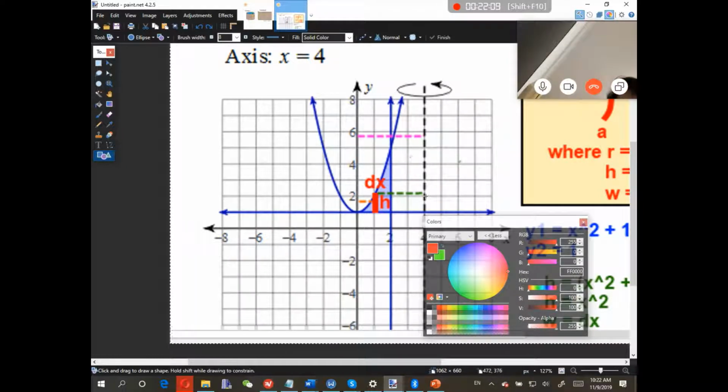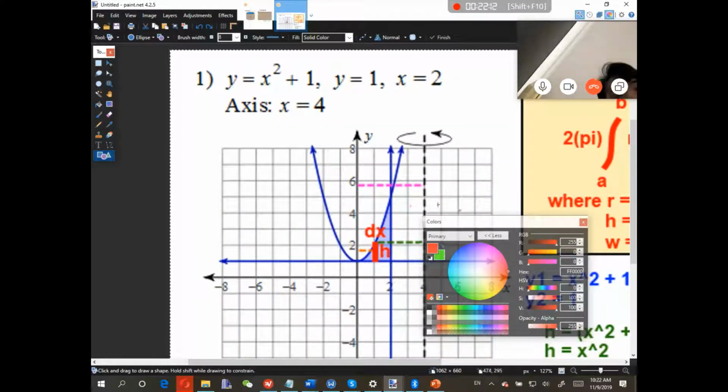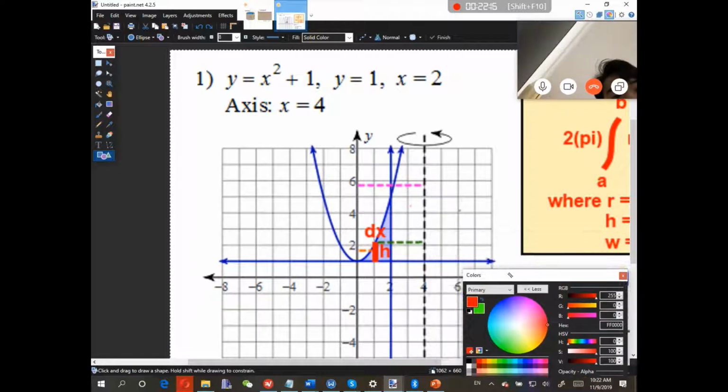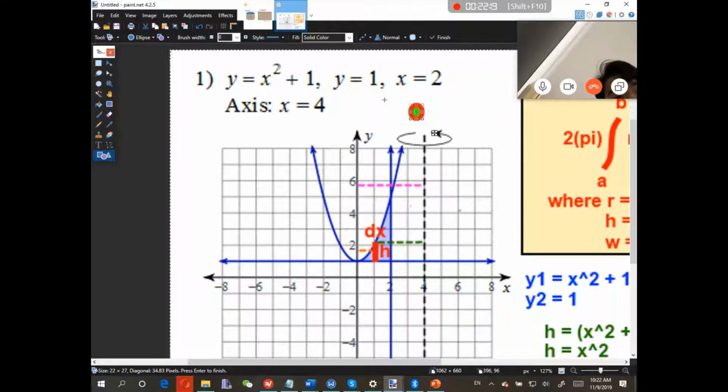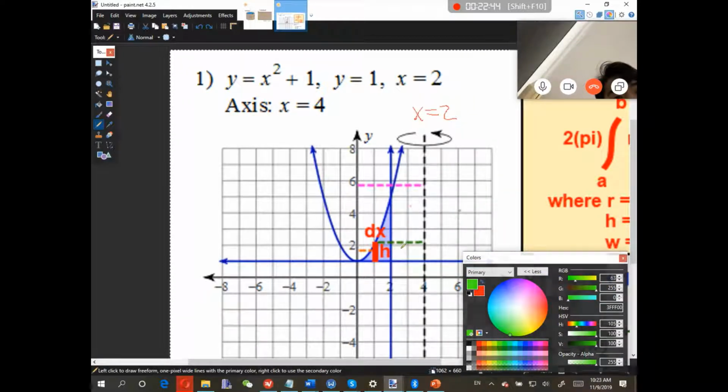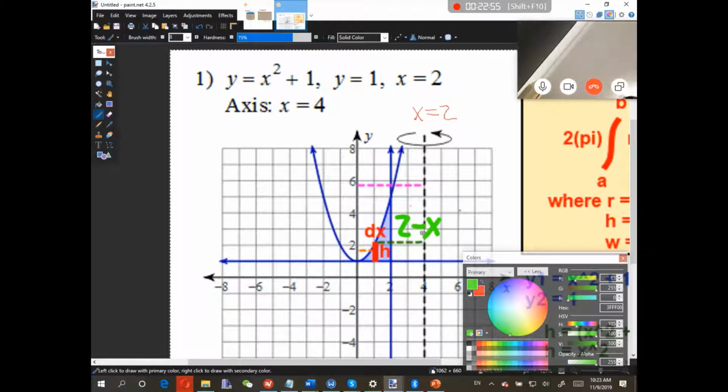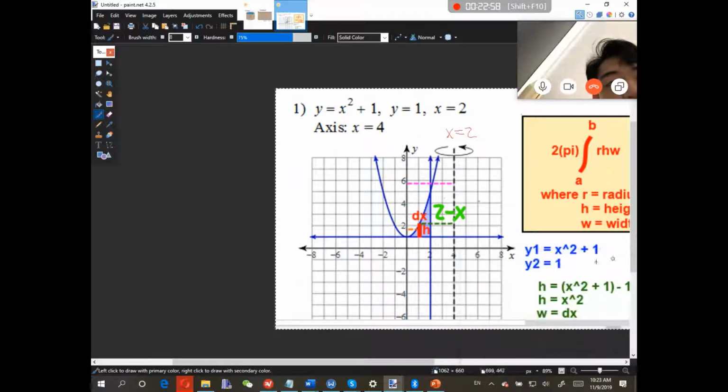My radius is this green line, my distance to the axis of rotation, which right now, if this axis is x equals 2, x equals 2 is this line here, then this green line is going to be whatever our x value is right now, subtracted from 2, or this green line is really 2 minus x. Okay, so that gives us our radius and our height and our width.